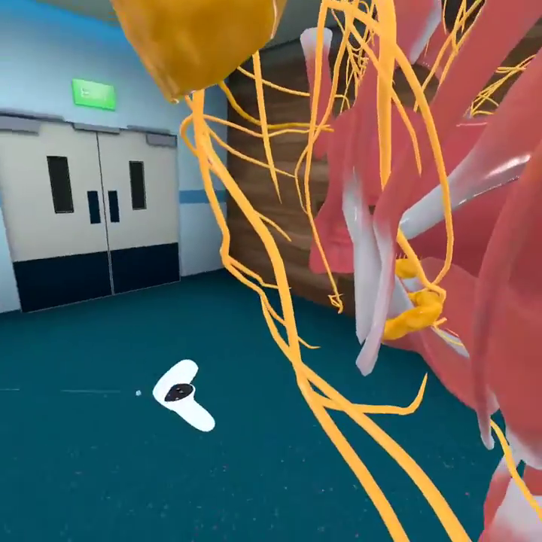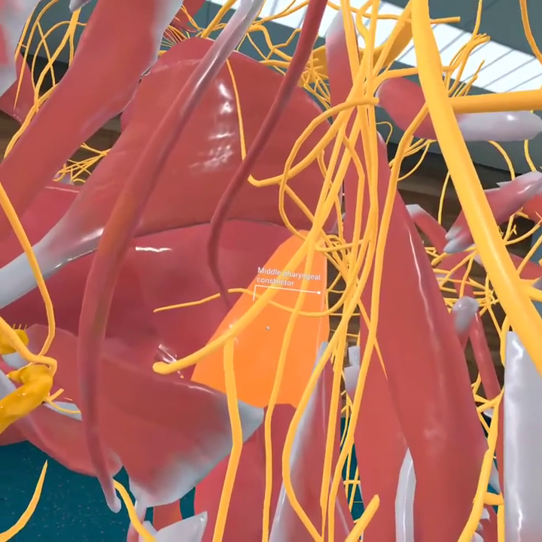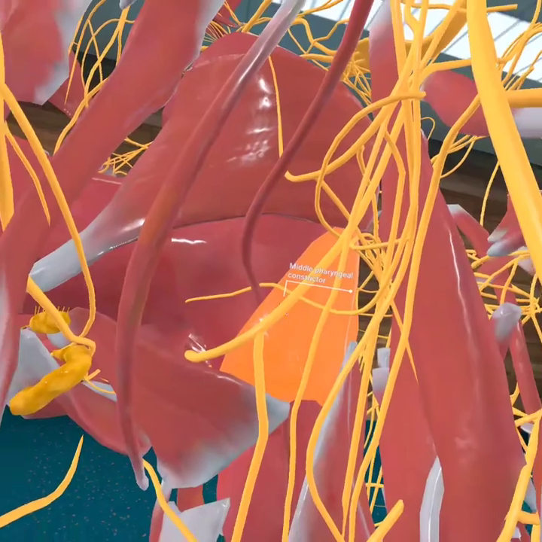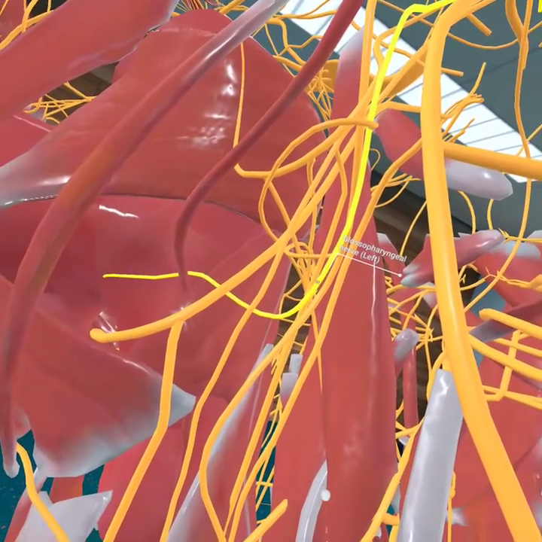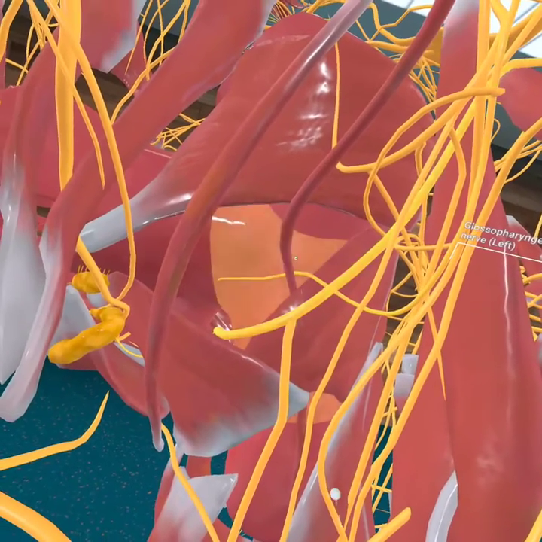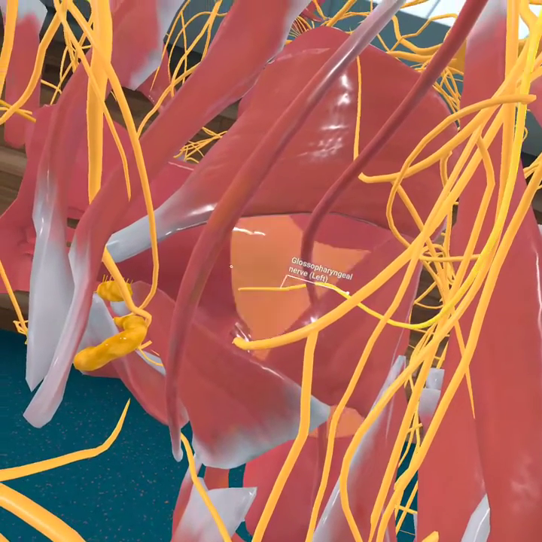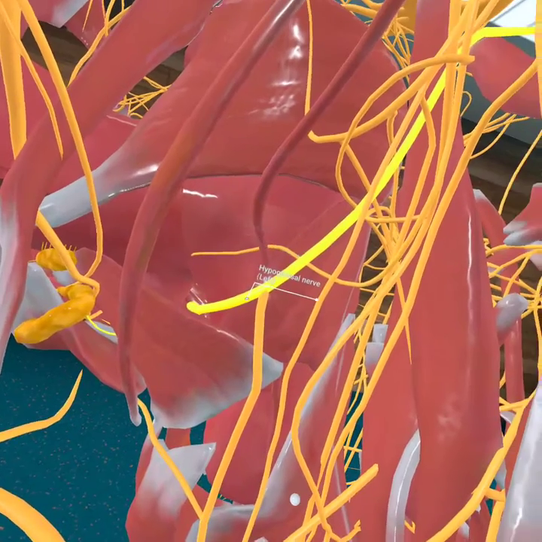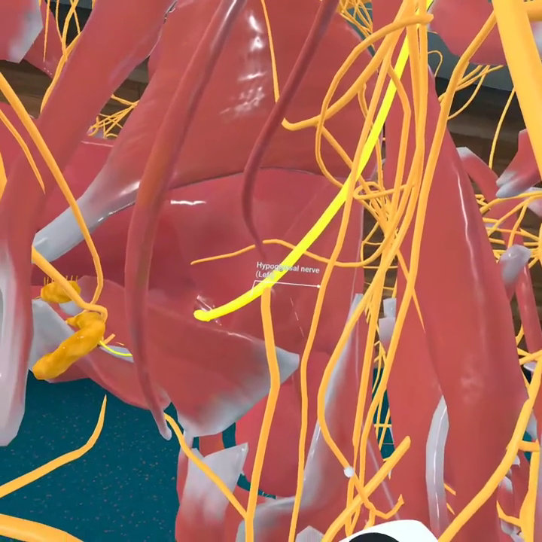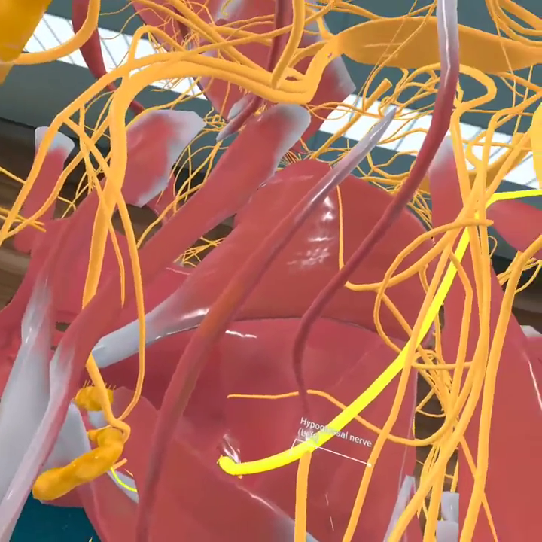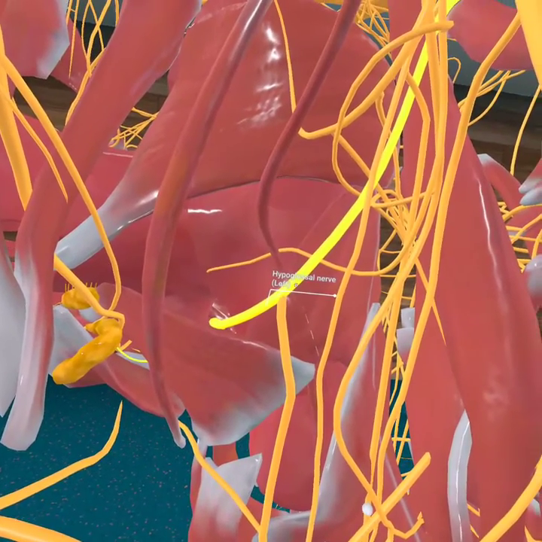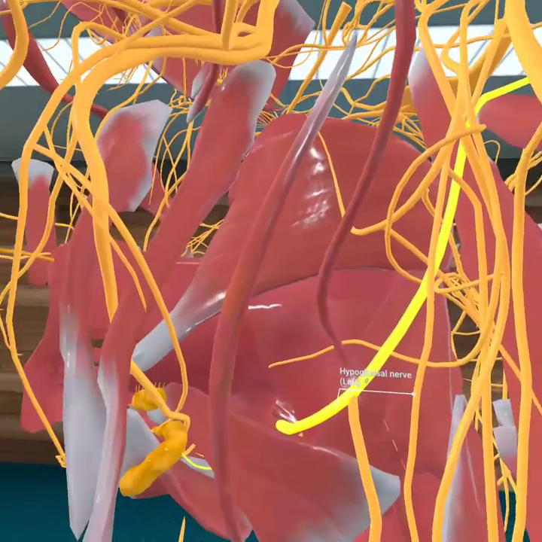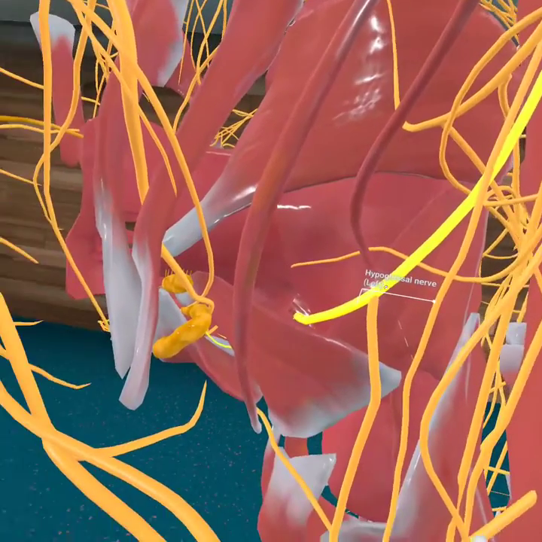So we have our middle pharyngeal constrictor, the stylopharyngeus, then our glossopharyngeal nerve coming in and innervating it. Now, what is this? Hypoglossal nerve. The hypoglossal nerve is the one that innervates motor and sensory for the whole tongue.